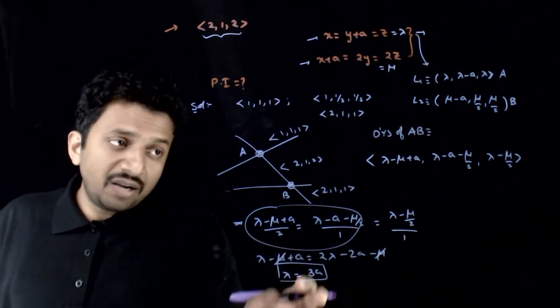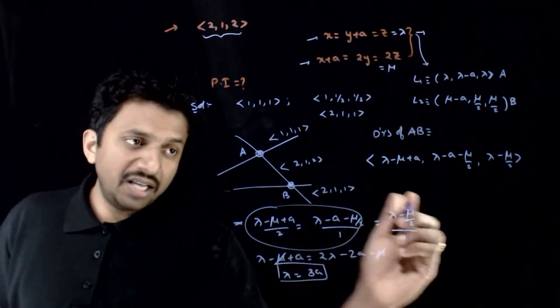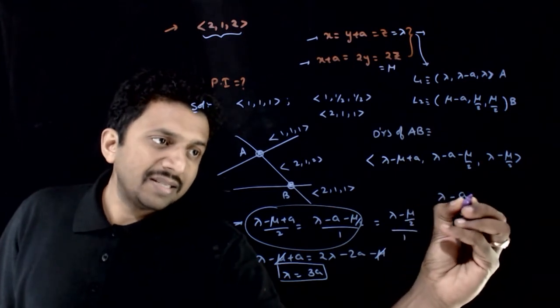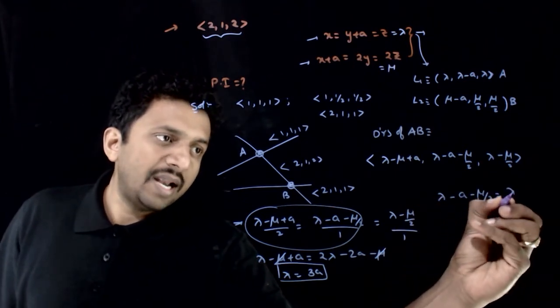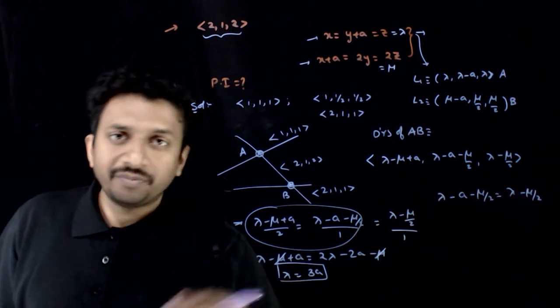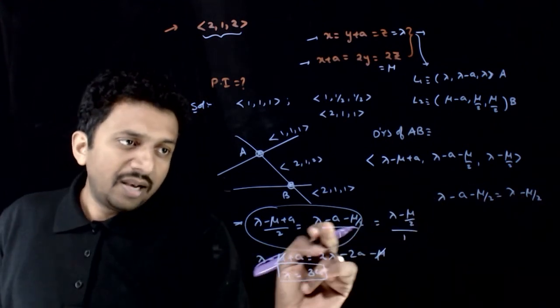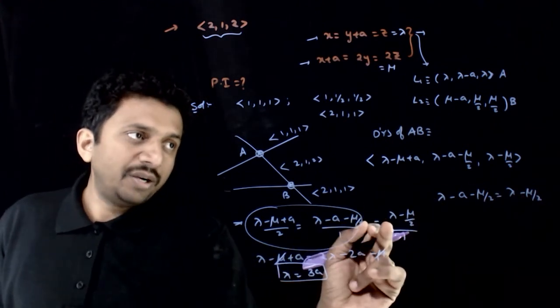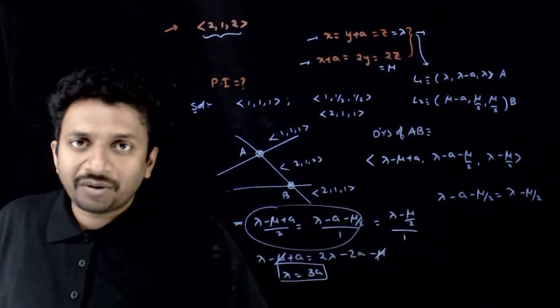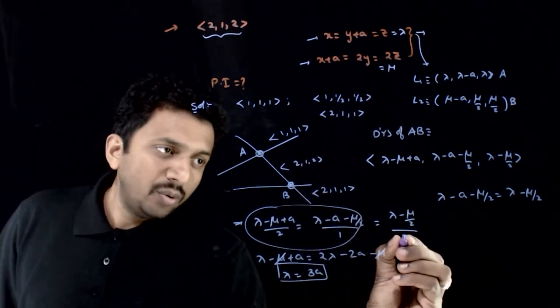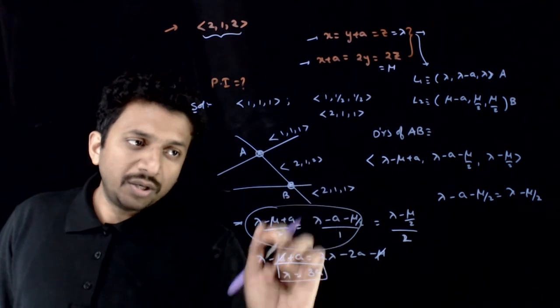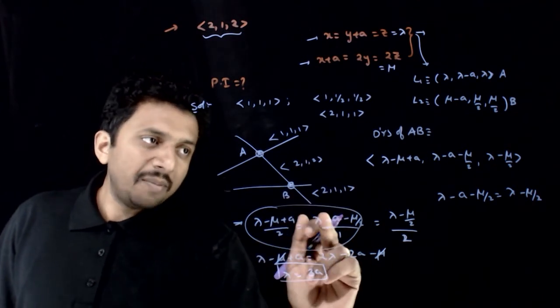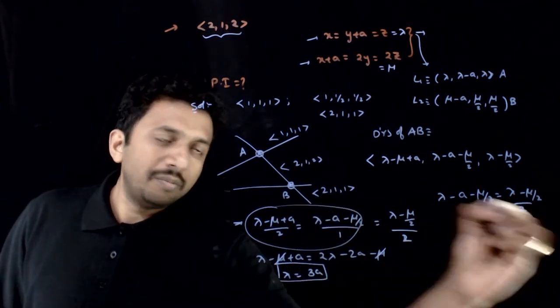And if lambda is equal to 3a, let us take the second equation. Lambda minus a minus mu by 2 is equal to lambda minus mu by 2. Sorry, you have a 2 here because the DRs are 2, 1, 2.